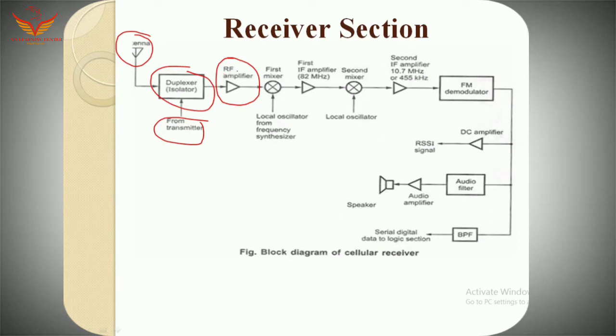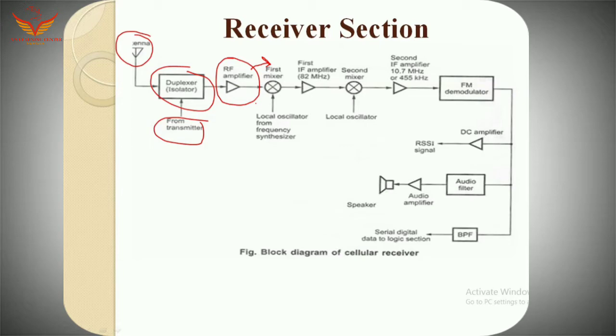The function of the RF amplifier is to boost the level of the input signal to a sufficient value and apply it to the first mixer. So the RF amplifier increases the strength of the receiving signal.